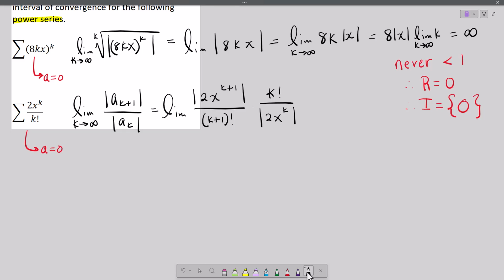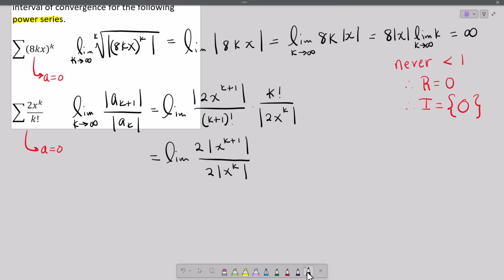So let's think about this carefully. Let's sort of stack things in a convenient way, and then we'll talk about simplification. So first off, that 2 does not need an absolute value. That 2 is positive, so it's going to come out. Same thing down here. I'm going to group the x's and put the x's under the x's.